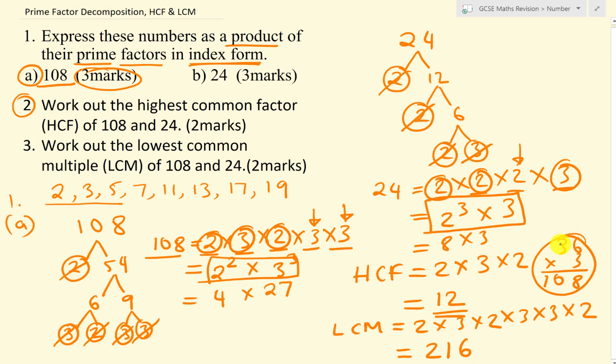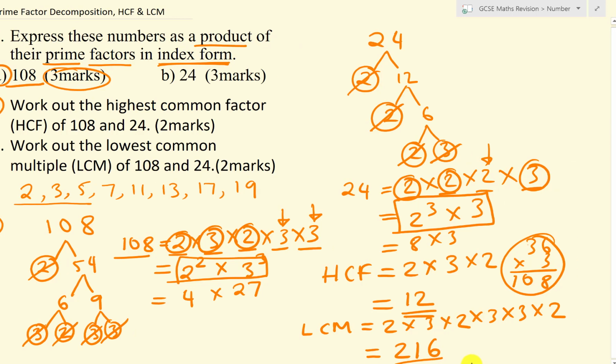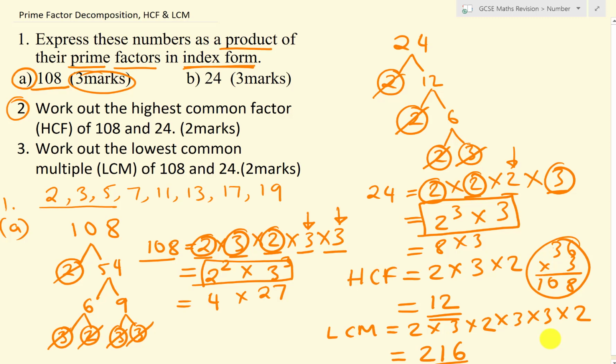Sometimes you might do the calculation in your head, and what could happen is you might make a mistake, which could be worth 1 mark. So our lowest common multiple is 216. We found the product of prime factors, and then we found the highest common factor, and then we found the lowest common multiple.